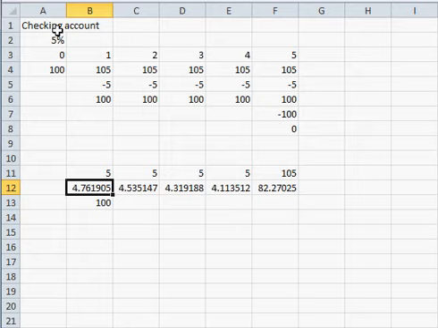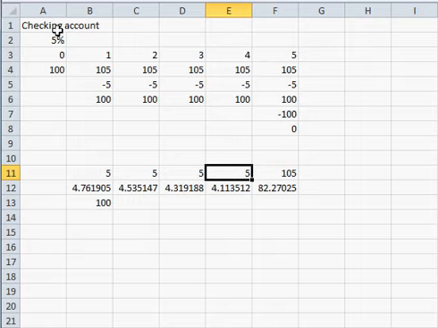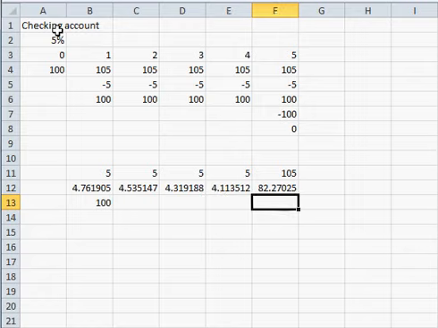So pulling $5 out every year, the exact rate of interest, and then pulling the principal out, gives us a present value of 100. And the fact is, it doesn't matter how long we did this for.